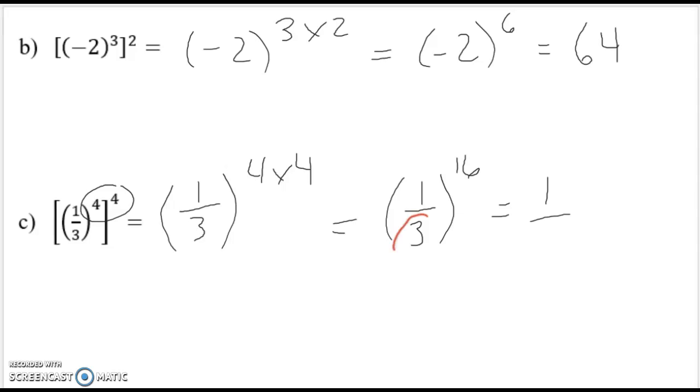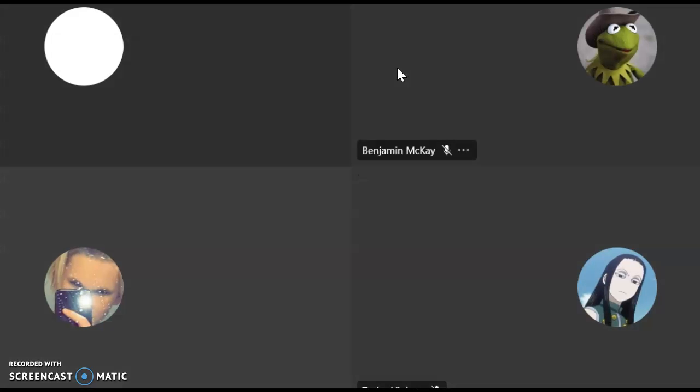And 3 to the exponent 16 gives you 3 times 3 times 3, 16 times, which gives you this big, huge number. I've got to concentrate to write this down so that I don't miss anything. 43,046,721. So that would be your final answer.